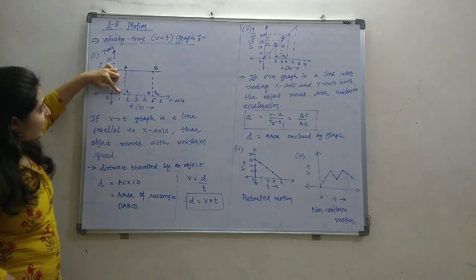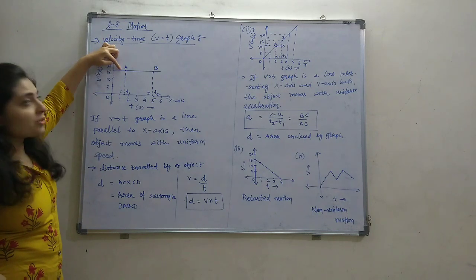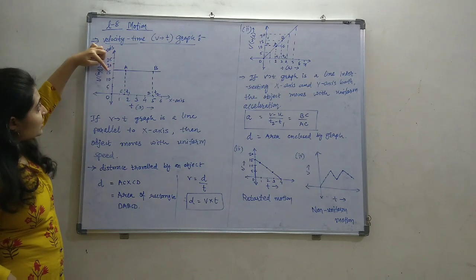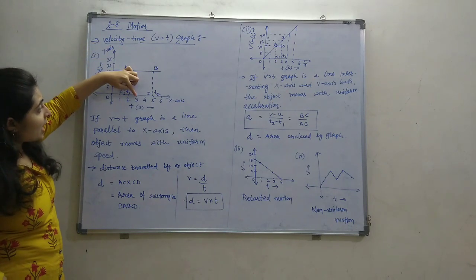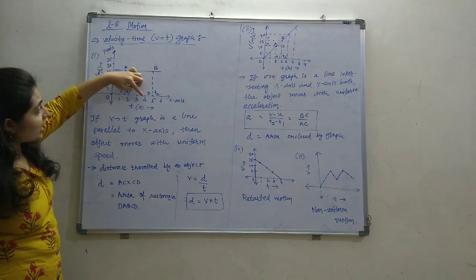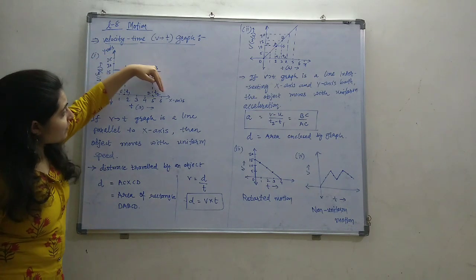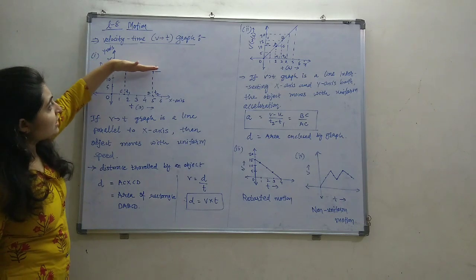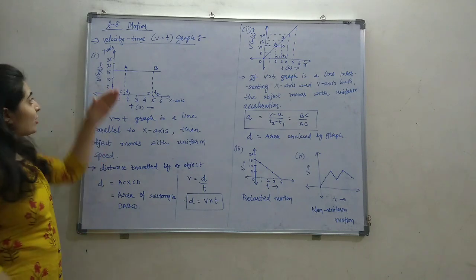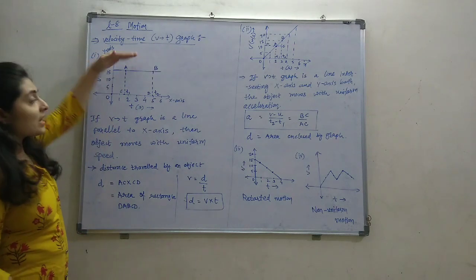After 1 second, the velocity still remains 15 meter per second. After another second, it still remains 15 meter per second. So as time passes, the velocity remains constant, not increasing, not decreasing. The value is constant on the line.